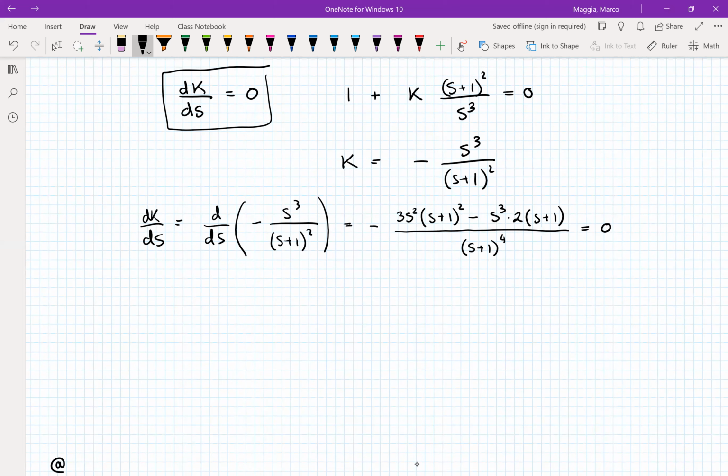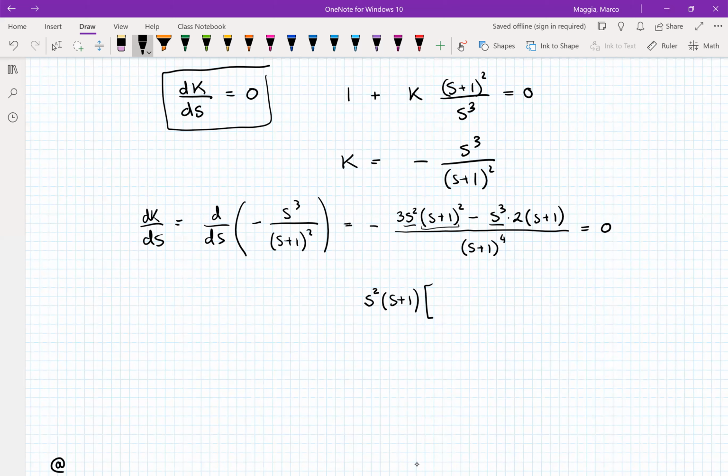Now, before starting multiplying things, let's recognize that we have a common factor, s plus 1. So we can already write it as s squared, because s squared belongs to both terms at the numerator, times (s plus 1).